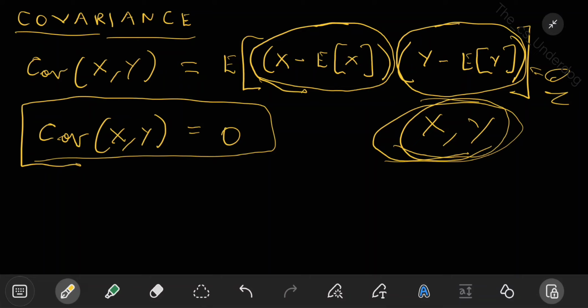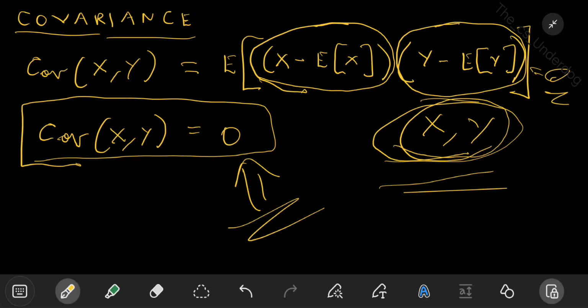Covariance can only measure linear relationships. That is, if there is a non-linear relationship between x and y, your covariance can still be 0. So covariance 0 does not mean x and y are not related at all. Covariance 0 means x and y do not have a linear relationship, and high covariance means x and y have a very strong linear relationship.